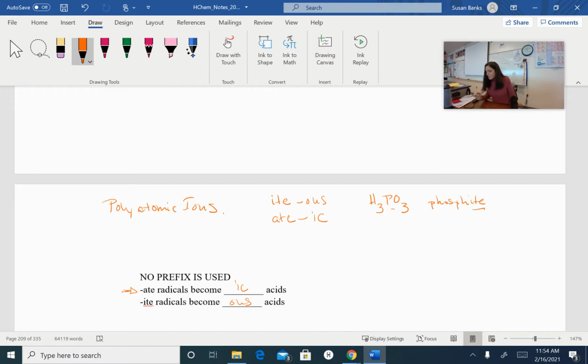So I'm going to change that ite to ous. So this is going to be phosphorous acid. If I did H3PO4, this is phosphate. So this would be phosphoric acid.